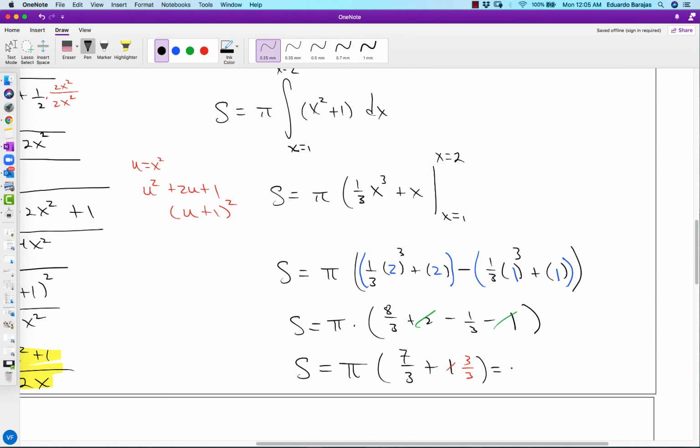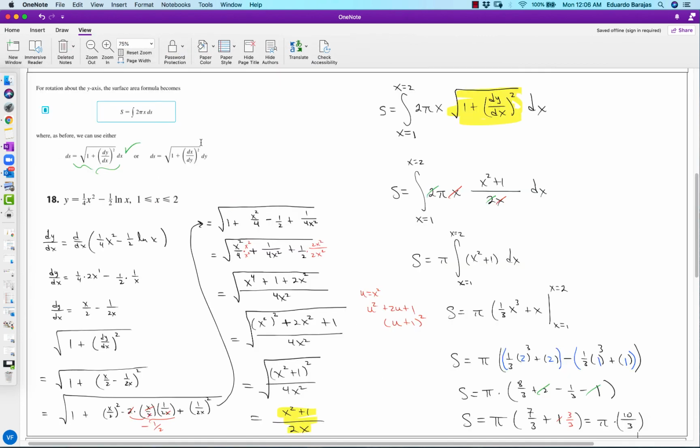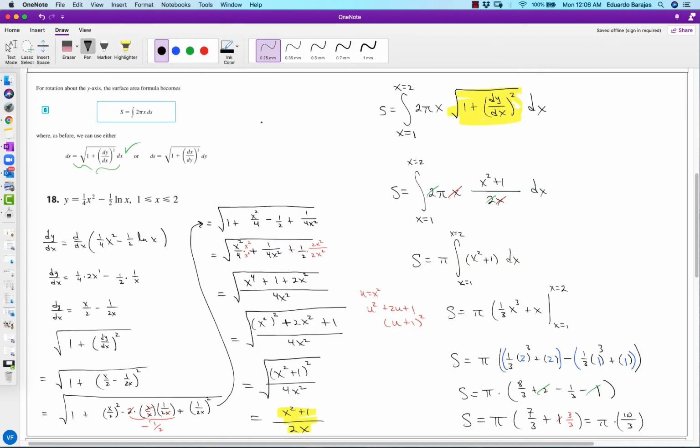So this equals pi times 10/3, and that's our final answer. So let me zoom out. So this is our final answer here. So S for us will be equal to 10 pi divided by 3.